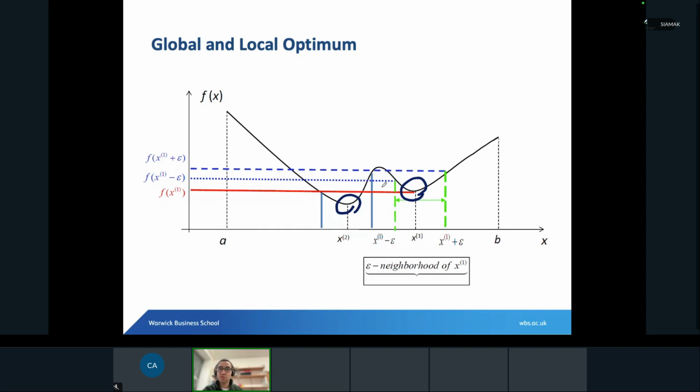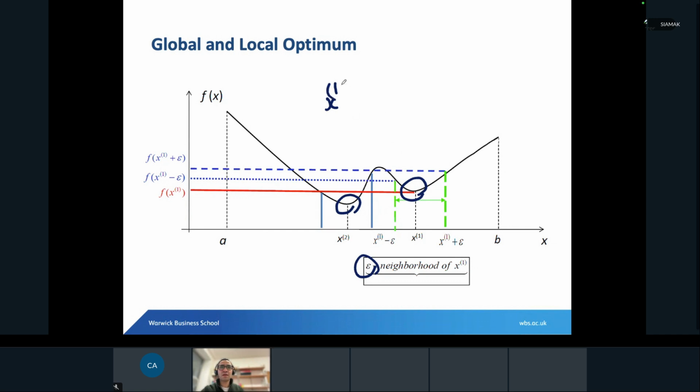X1 is a local optimum because there exists a neighborhood on both sides of this decision variable so that this point is the minimum for the neighborhood, while for this one, that neighborhood is the whole domain of the decision variable. Now, the neighborhood itself is written with epsilon. Epsilon can be a very small value or a big value. It doesn't really matter.